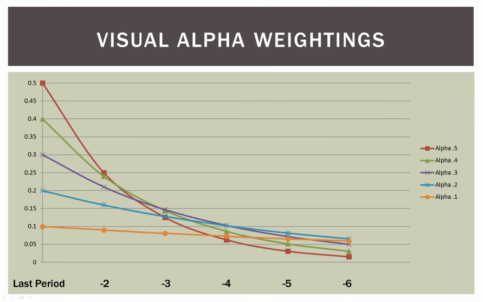With the alpha of 0.5, we're going to give last year a weighting of 0.5. Then we're going to give 2 years in the past a weighting of 0.25. And then 3 years in the past, we're going to give that a weighting of 0.125. And you can see in this case, we're just halving that value each time.